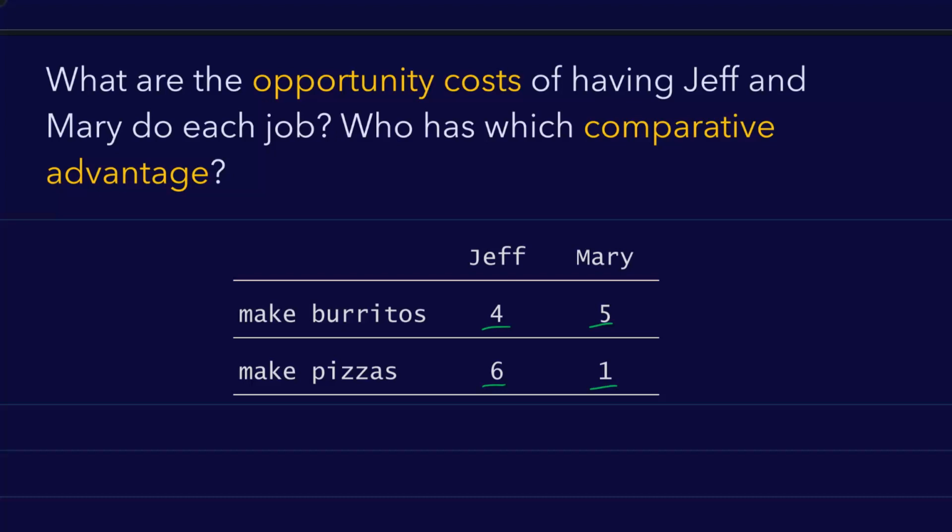Okay, so we want to figure out the opportunity cost of having each one of them do each job, and then we want to figure out which one has a comparative advantage doing each job. But first, just since we're looking at this, we'll note that Jeff has an absolute advantage.